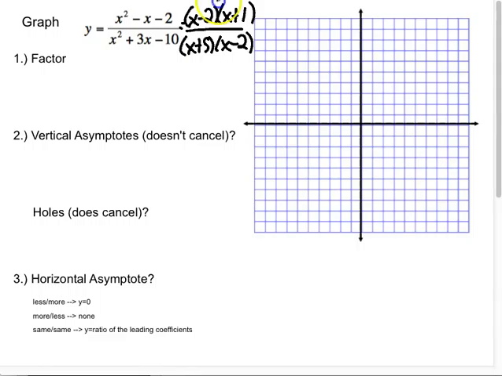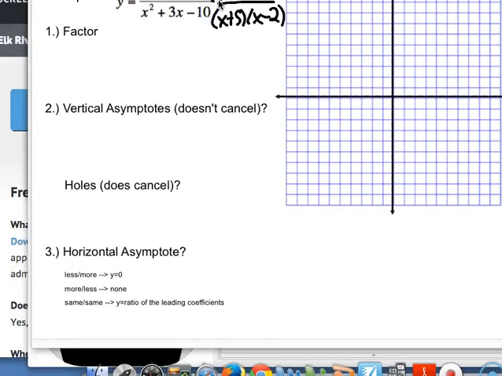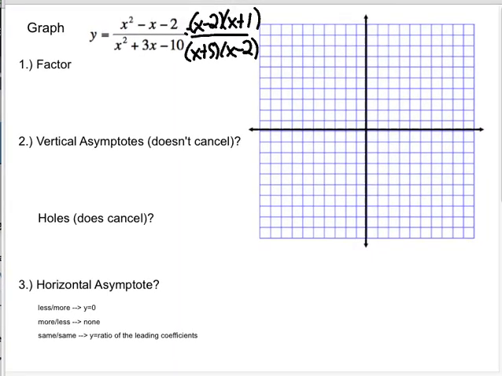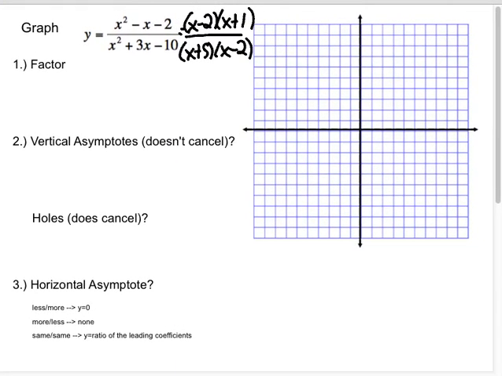So notice the x minus, whoops, I'm sorry, that wasn't supposed to drag like that. So those x minus 2's cancel out. So this really reduces to x plus 1 over x plus 5.